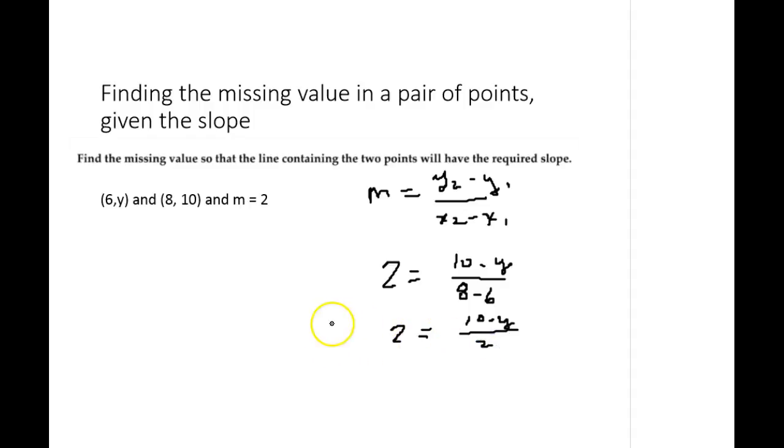What am I going to do? I'm going to multiply both sides by 2 to clear that fraction. These are easier when they're missing a y. Those cancel out. 2 times 2 is 4. 4 equals 10 minus y. You know how I am. I'm going to add y to both sides.